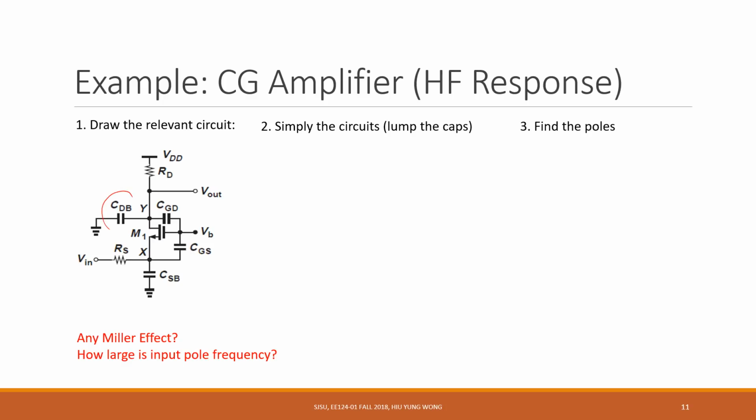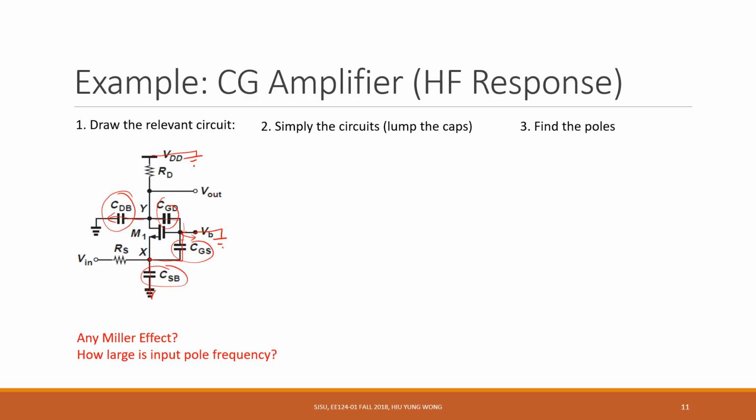Then you will add the four capacitances as we have discussed before, right? And now I'm going to simplify. How do I simplify? I'm going to ground the constant voltage source. Because I ground them, this node goes to ground through CSB. This node also goes to ground through CGS. For X, right? For Y, this node goes to ground through CDB and also goes to ground through CGD because VB is grounded.